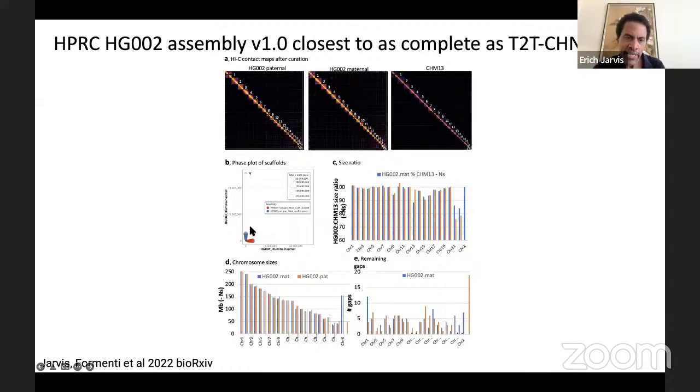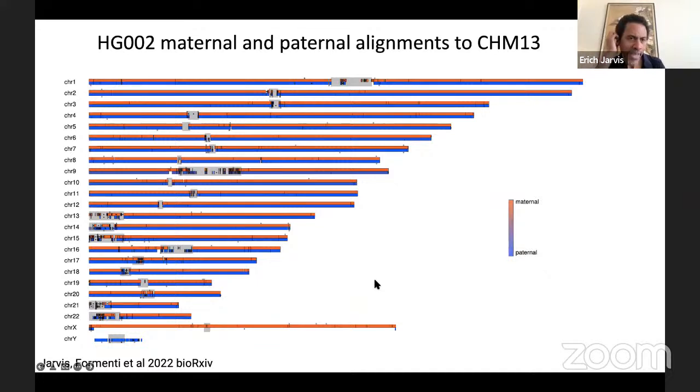And so here is just to show haplotype completeness of this HG002 assembly for paternal and maternal contigs. And an alignment of this HG002 to CMH13 reveals that, so blue is paternal, red I think is maternal, we get almost complete alignment of HG002 against CMH13, except in these gray zones here.